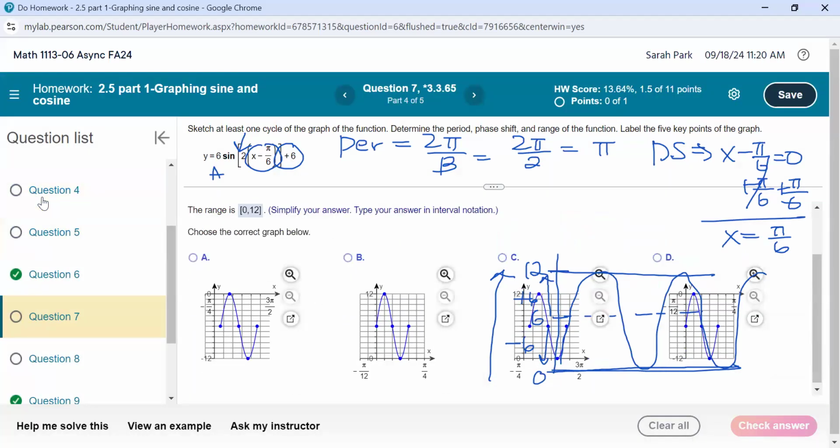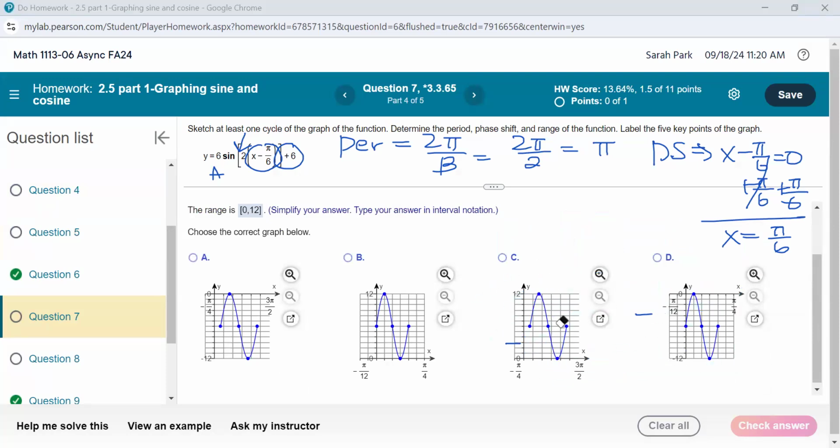Okay, now if we want to select the correct picture, let's again use the process of elimination. And your midline has to be at 6. So this is at -6. This is at 6, so this is a possibility. This is at 6, so this is a possibility. D, the midline is at -6. So we're between B and C. We know, though, that our phase shift is pi over 6.